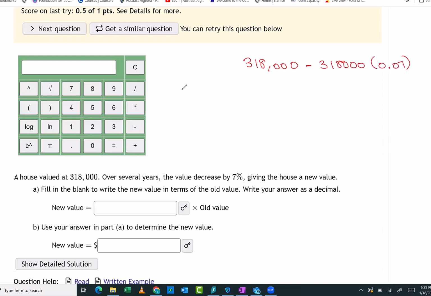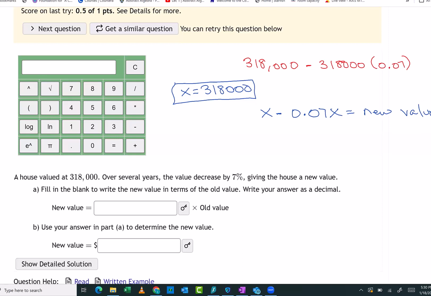Let's say X is equal to $318,000. That means I have X minus 0.07X. This is equal to the new value.